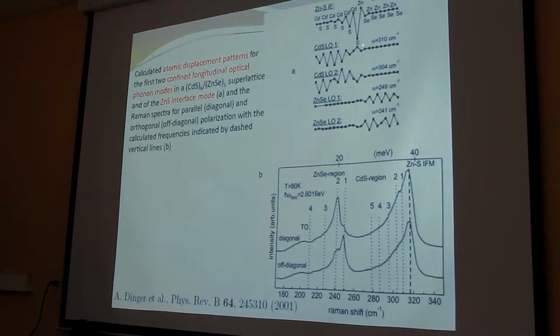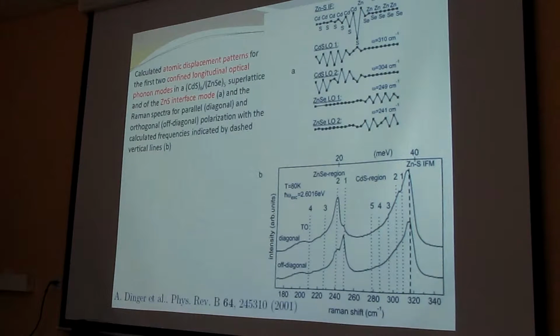And at the interface you can get a zinc sulfide mode, and this is a frequency which is higher than all other frequencies, so it does not couple to the other phonon modes. And for different polarizations you can measure the interface phonon mode, this one here. You can measure the quantized cadmium sulfide phonons, the zinc selenide phonons.